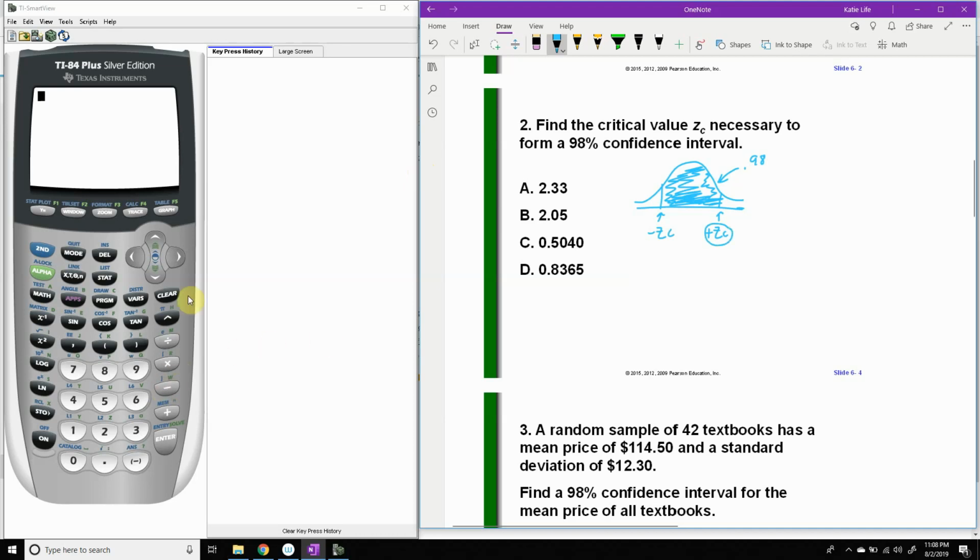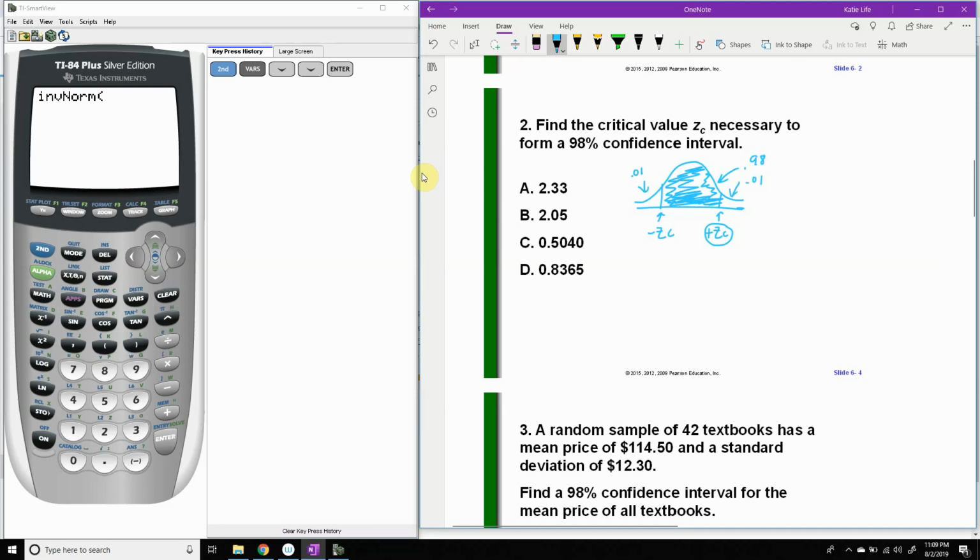The easiest way to go about this is to use that inverse norm function that we introduced in Chapter 5. And in this case, we got to remember that the inverse norm is always assuming leftmost area. So if I'm trapping 98% in the middle, that means I've got 2% left over in the tails, one of which is down here, and the other percent is up here.